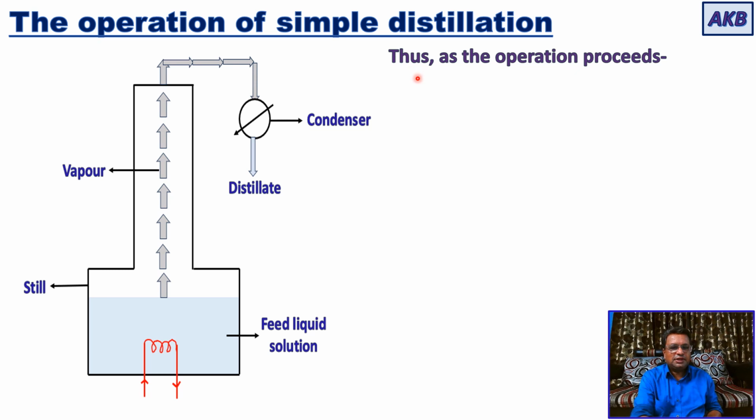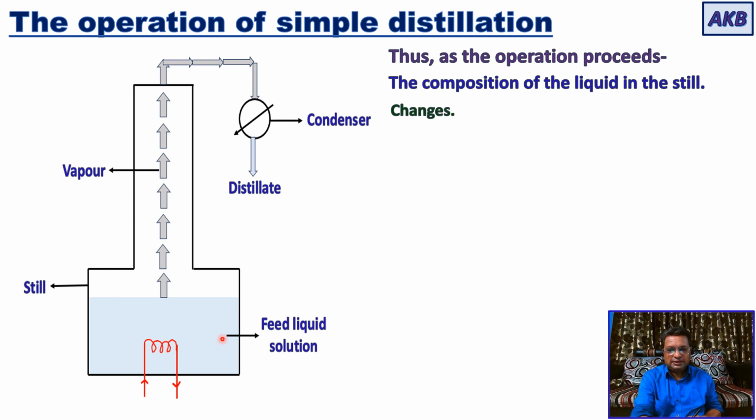So we can say that as the operation proceeds, the composition of the liquid in the still, that is the amount of A and B in it, changes, as the components are getting added to the vapor phase.